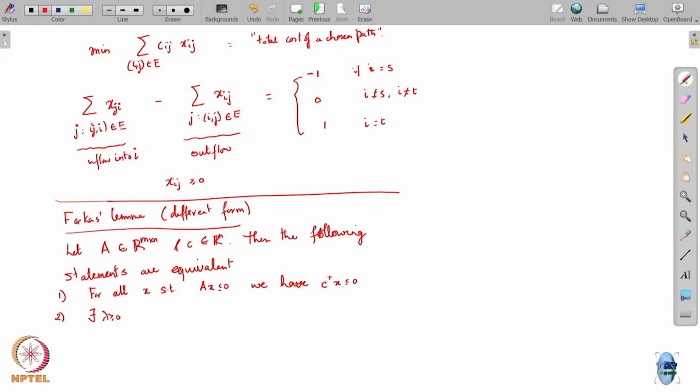The second statement is that there exists a lambda in R m, lambda greater than or equal to 0, such that A transpose lambda equals C. So, this is essentially this version of Farkas lemma. It's a different form of stating Farkas lemma.